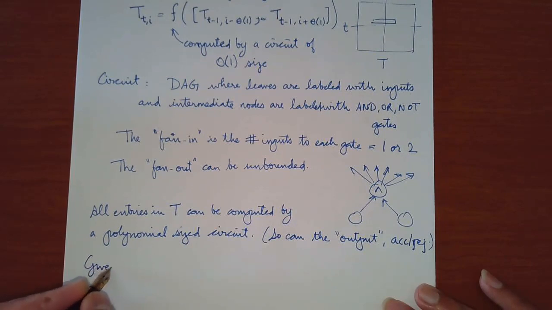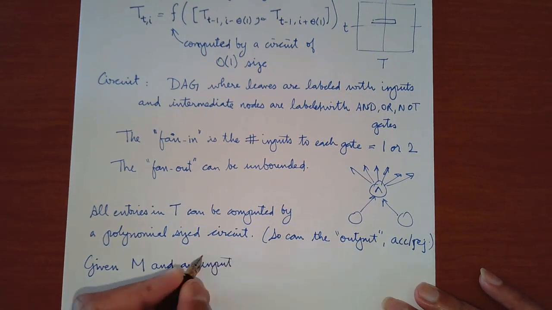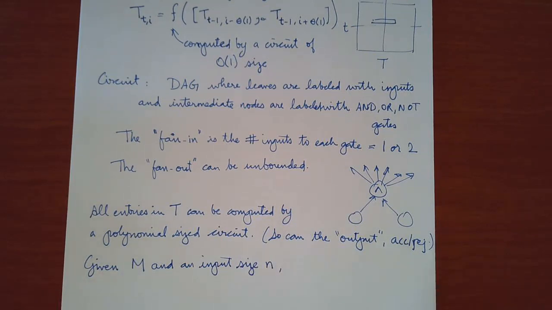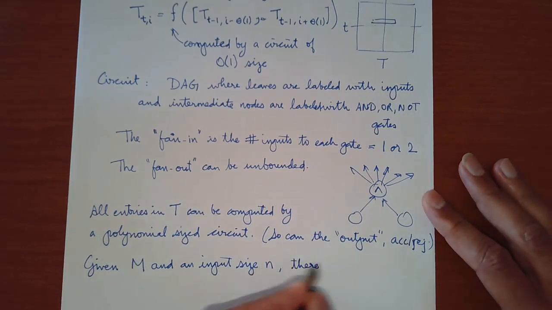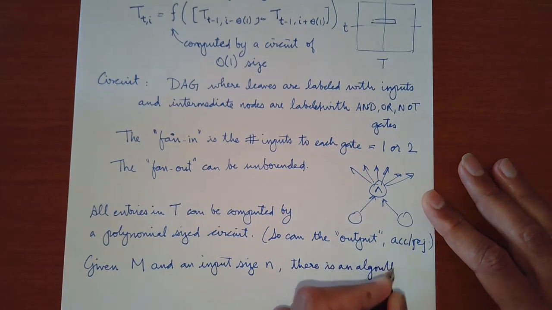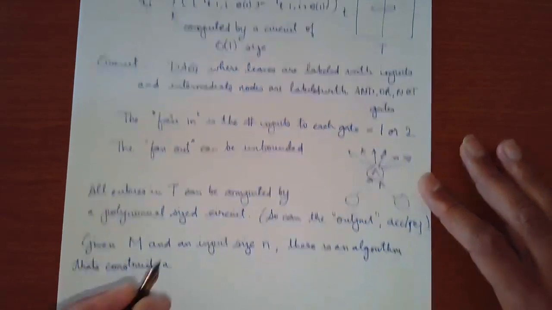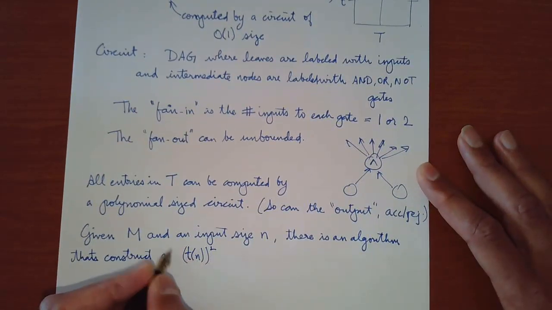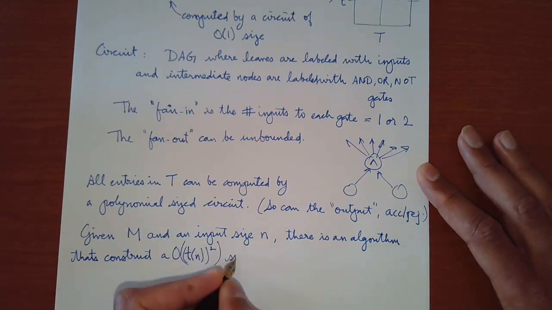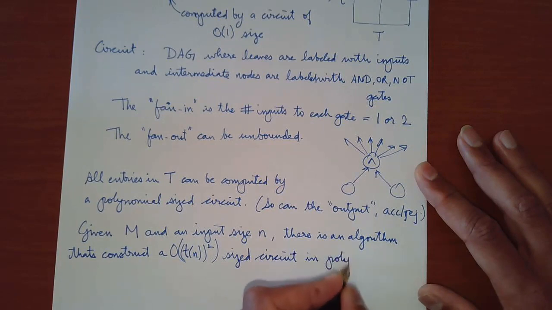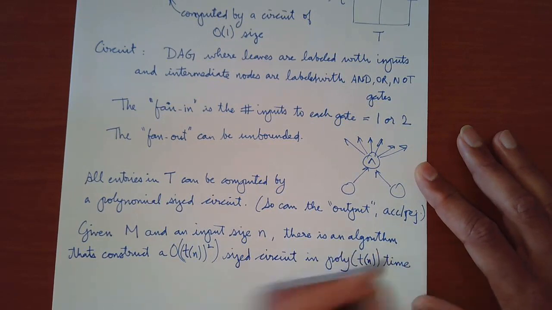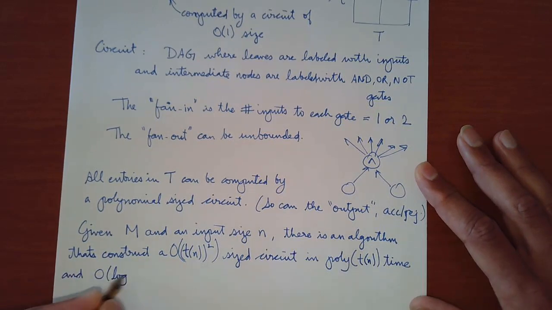So what this means is that given the Turing machine M and an input size n, this is going back to what I said earlier, which I was confusing, but given M and an input size n, there is an algorithm that constructs a O of T of n squared sized circuit in poly T of n time and O of log T of n space.